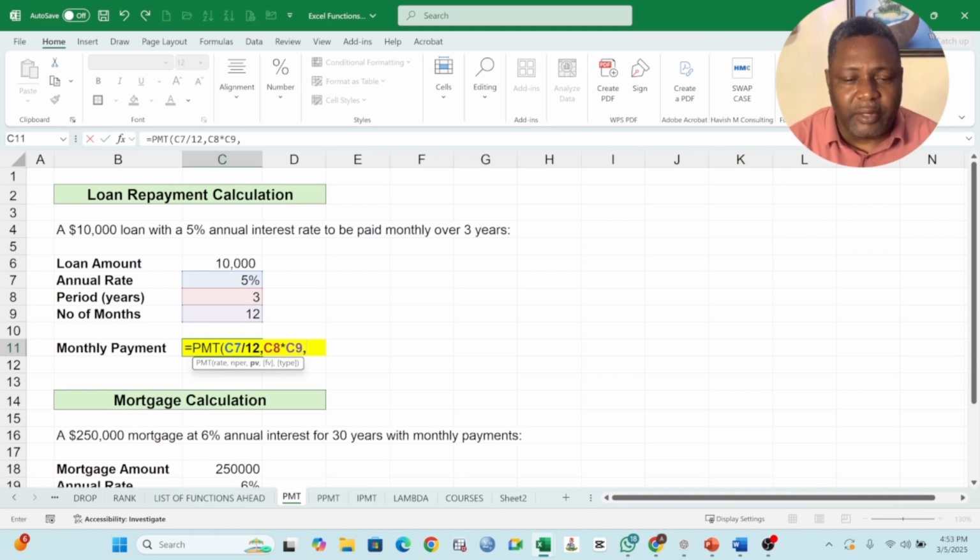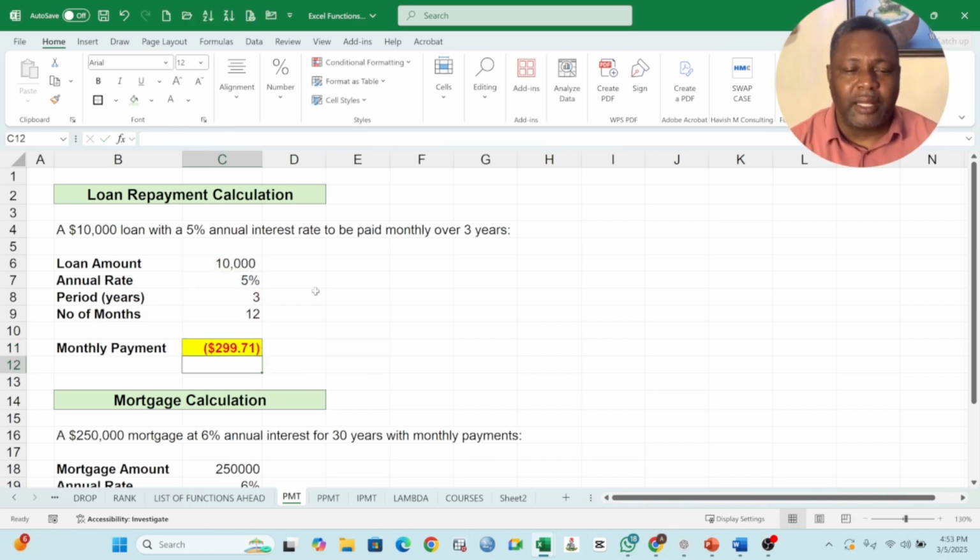And then you have your present value, which is the $10,000, and then you just close the bracket, hit enter. With this, it shows that you are going to be paying $299.71 every month. If you are working on an amortization schedule, this will be deducted from the total value to give the subsequent month's value.